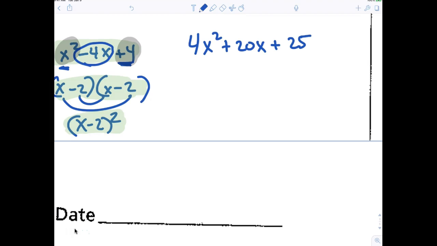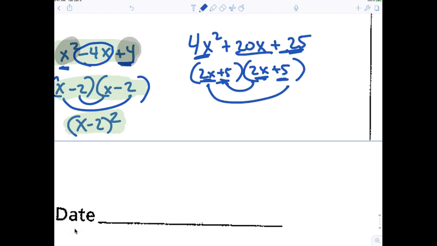So what does that factor to? 2x plus 5 and 2x plus 5. There you go. That's the answer. Now look again. 2x times 2x is 4x squared, right? Positive 5 times positive 5 is positive 25. 10x makes what? 20x. So your answer is technically 2x plus 5 squared. Does everybody agree with that?